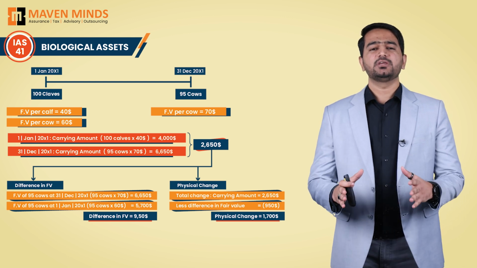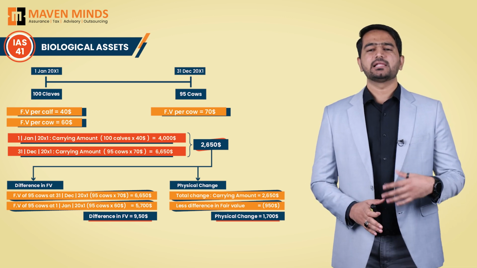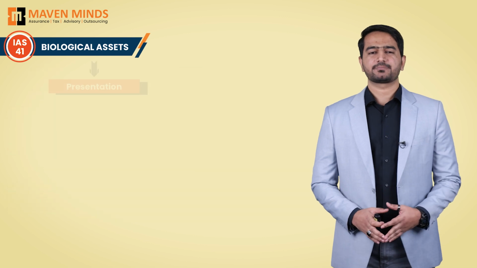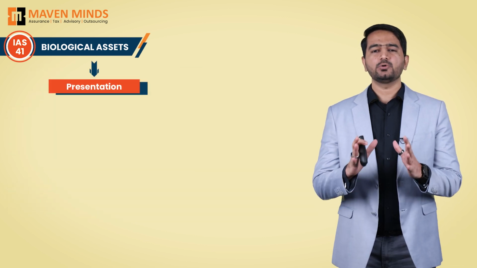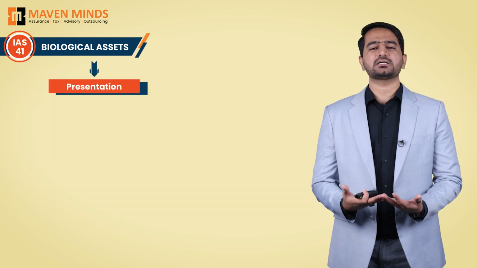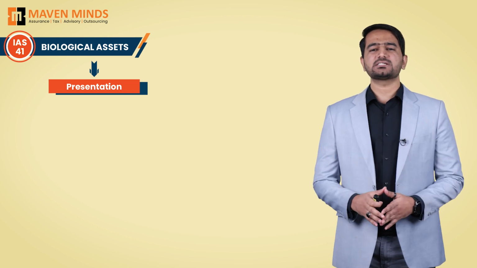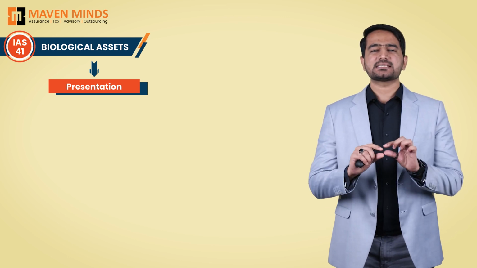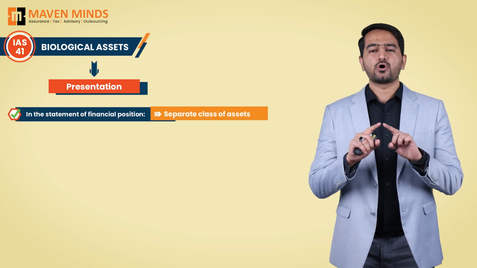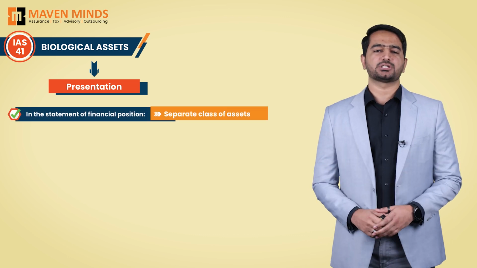Now that we have covered the measurement, let's move on to the presentation. That is, how do we actually show the biological assets in the financial statement? Biological assets must be presented as a separate class of asset on the statement of financial position.